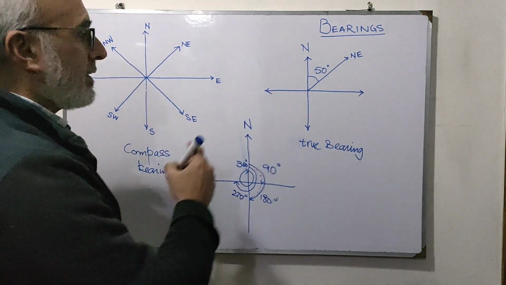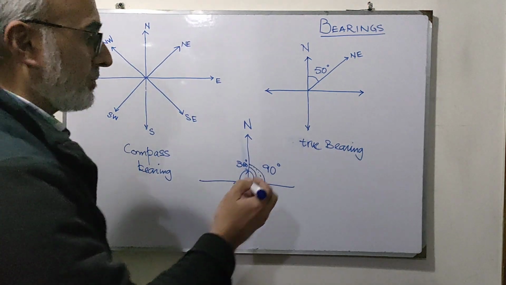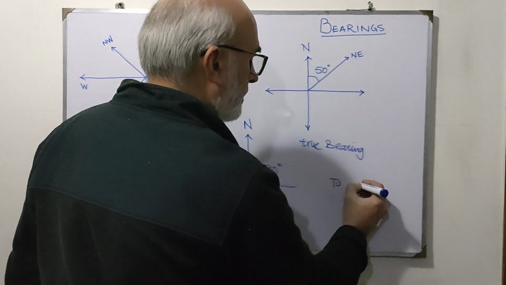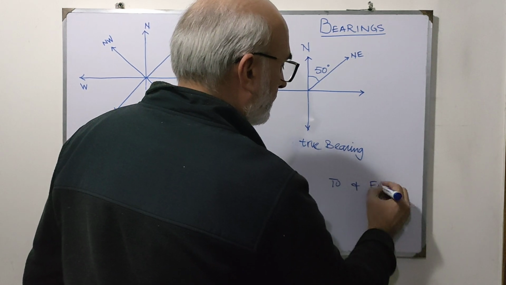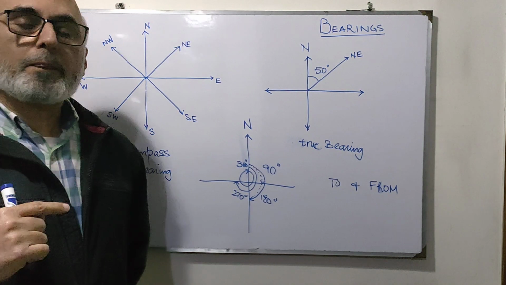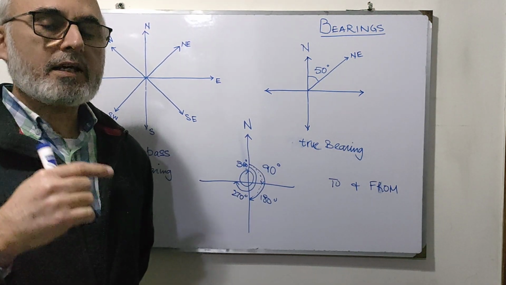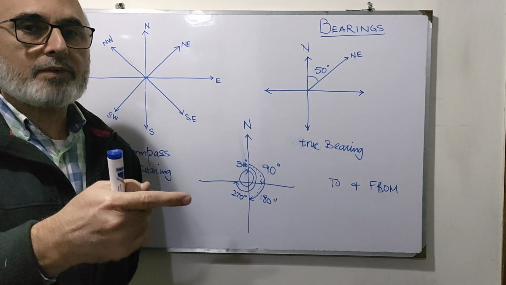In the case of bearings, the very important thing is to and from. If we follow the bearings, then we have to keep in mind from where to where, right?